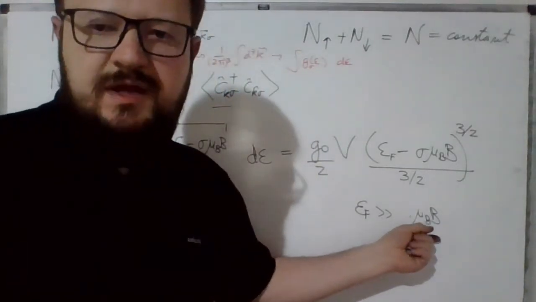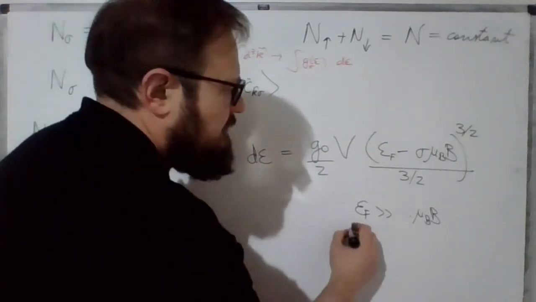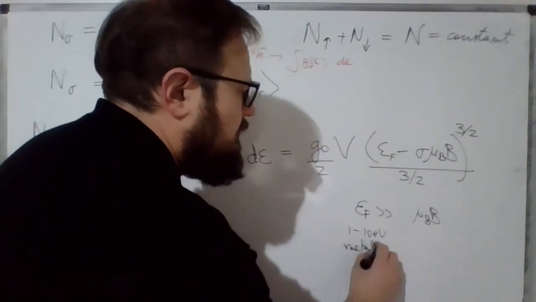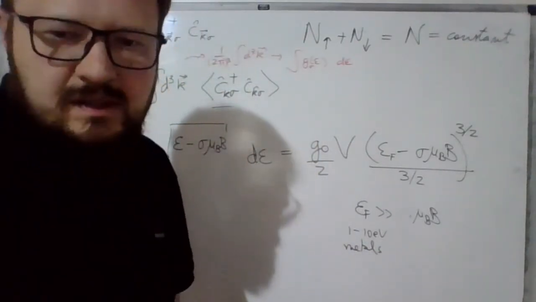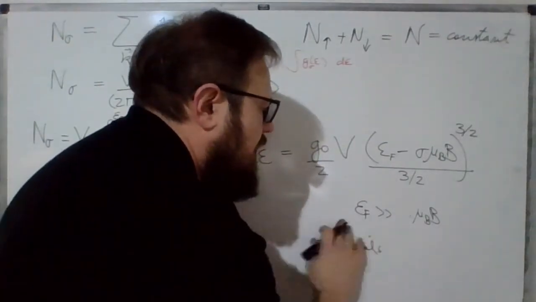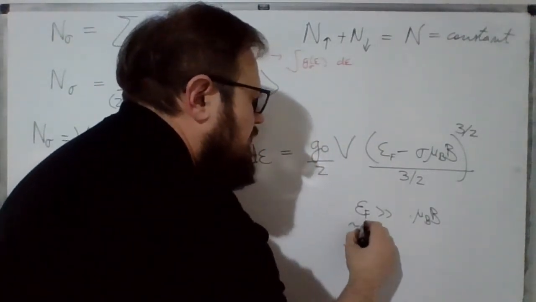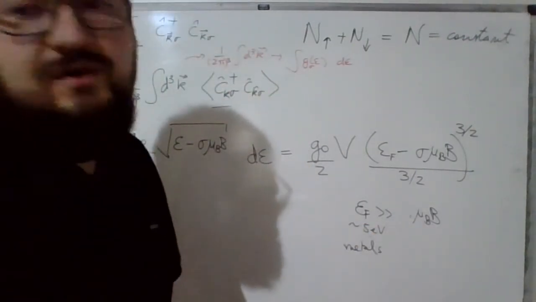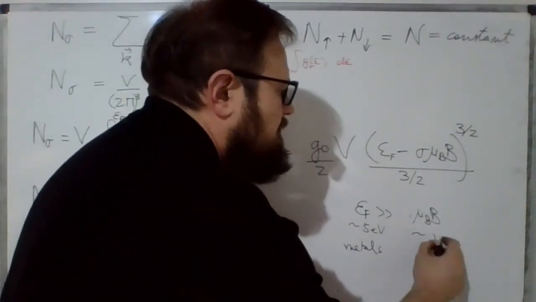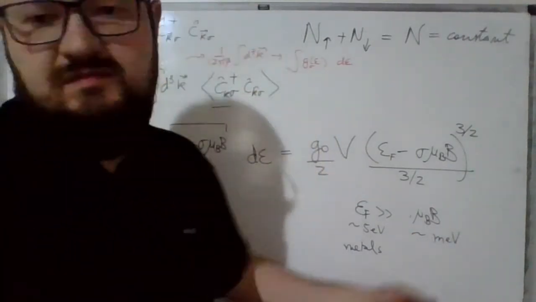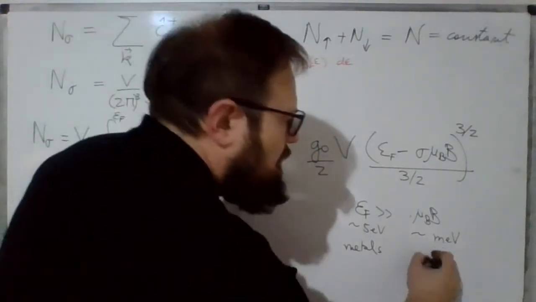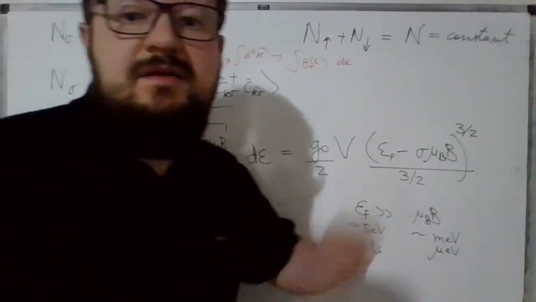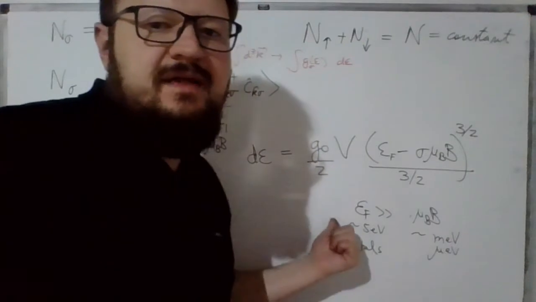You can plug in some numbers, but this is in the range of 1 to 10 electron volts for metals, for alkali metals mainly. So this is around the range of 5 electron volts, say, and for high fields, you'll have something in the range of milli electron volts at most, but usually in the range of micro electron volts. So this energy is really, really smaller than the Fermi level.